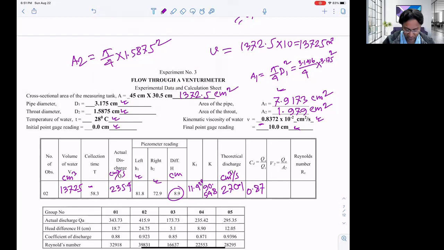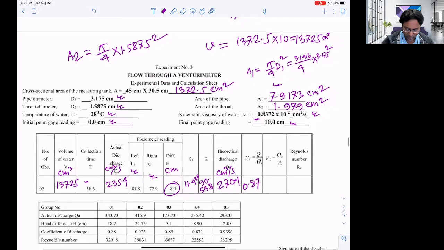So again, we can calculate V2. What will be the V2 at the throat section when it is constricted? We need to calculate the actual velocity V2.